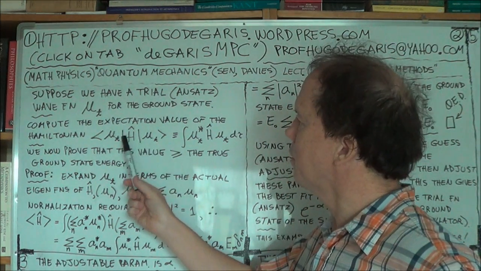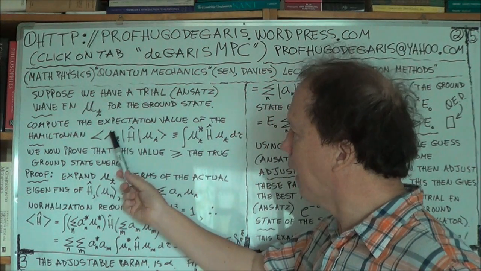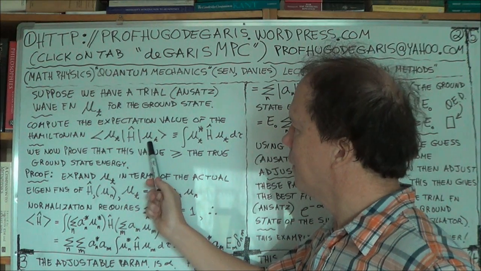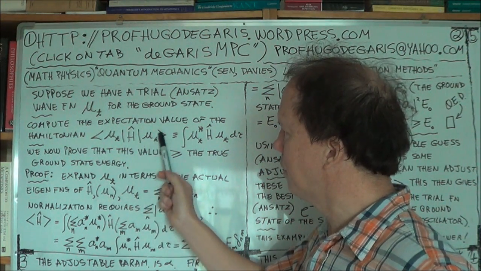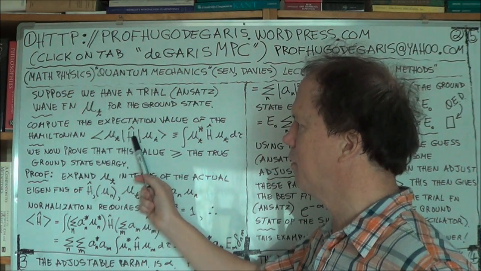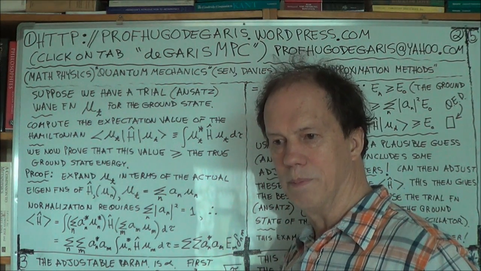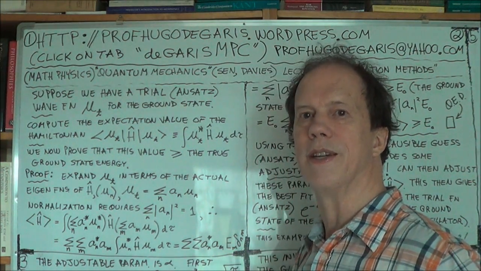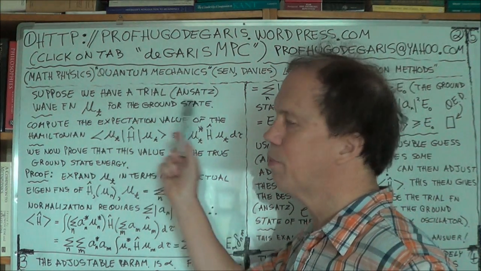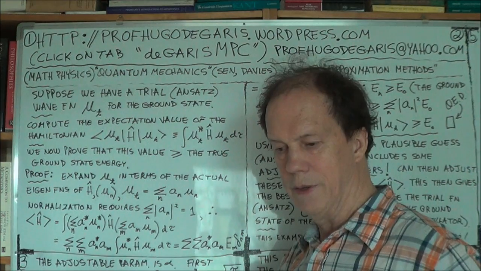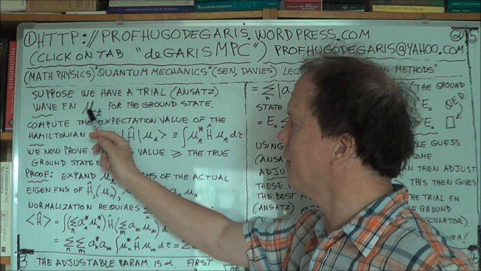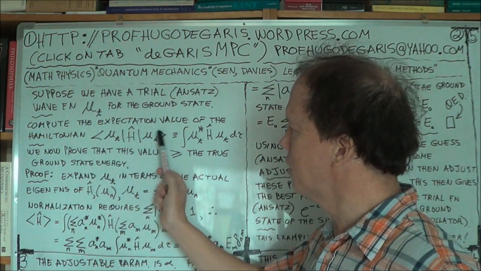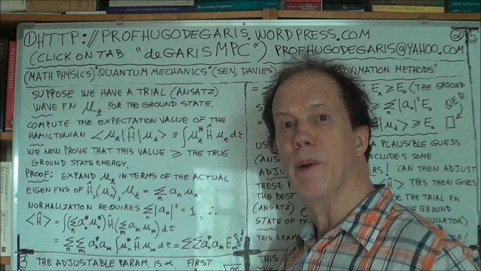So effectively what you're trying to do is to guess a trial function, an Ansatz, that's as close as possible to U naught, that gives you this expectation value of the Hamiltonian approximating as closely as possible your E naught, your ground state energy. So this whole approach is basically trying to find a trial, an Ansatz, call it here UT, such that the expectation value of the Hamiltonian is minimum.